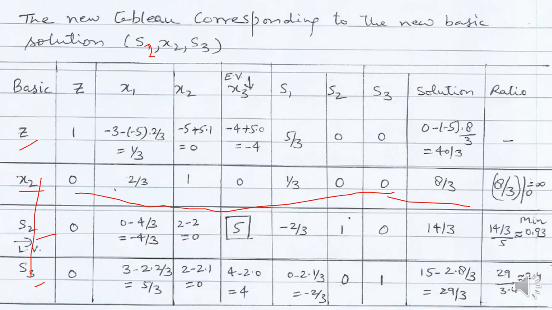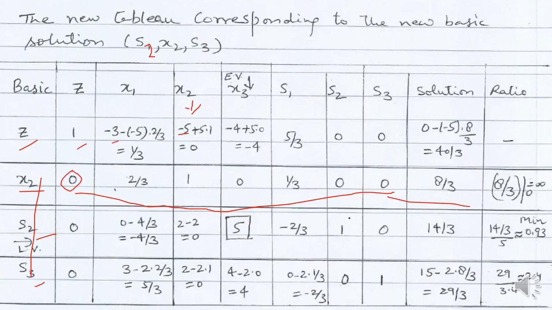So 1 was the element in the previous table. The element in the pivot column of the entering variable, that is the X2 variable, is -5. So 1 minus -5 into 0 gives us 1.